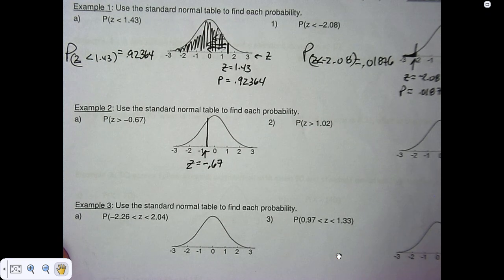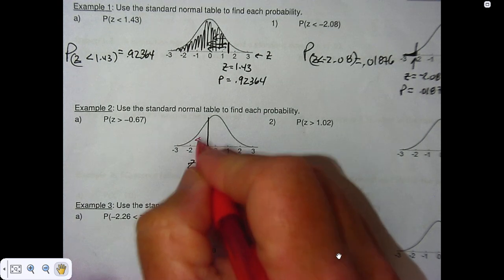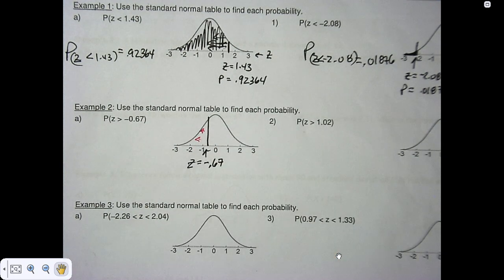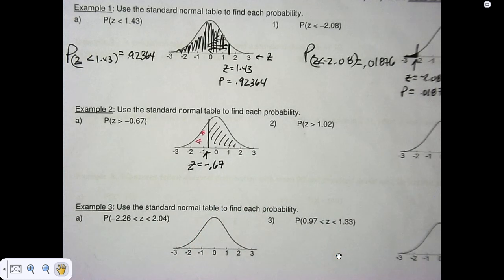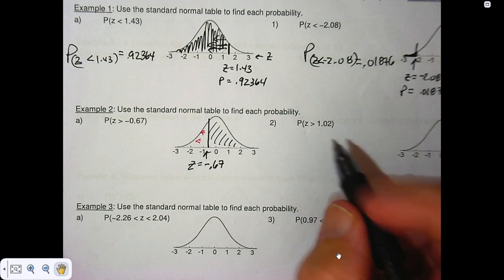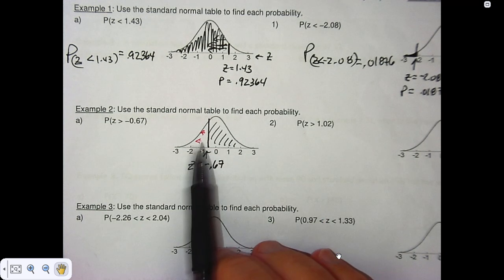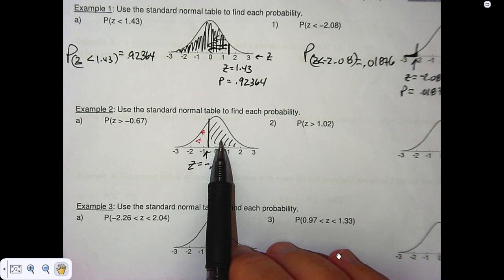If I look on the table, it's going to tell me this area that I've done in red. But I don't want that area. I want all the area that's in black. Well, you remember probabilities have to add up to 1. So the area that's in the red plus the area that's in the black has to add up to 1.